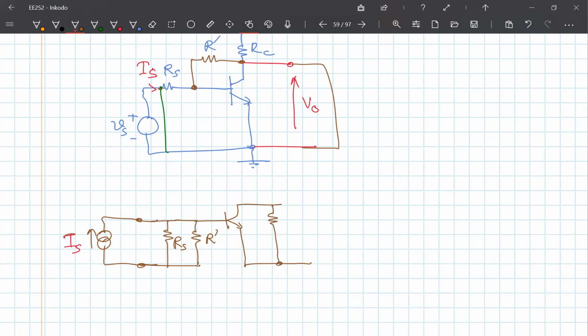That will be my RC, which is already there. So we connected to ground in the AC circuit. And in addition, we will also have between collector and ground, because this point is now grounded, right, RS. So this will be connected.